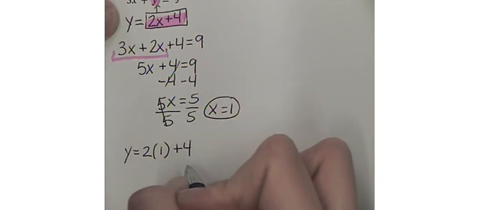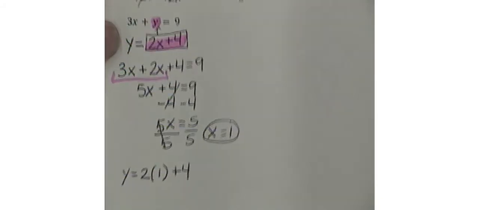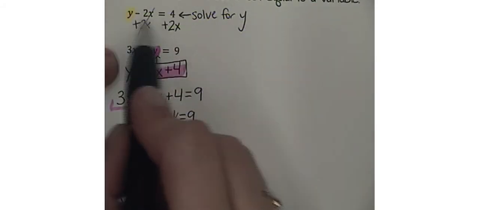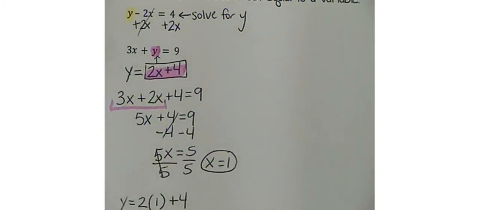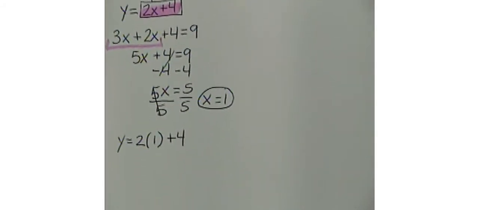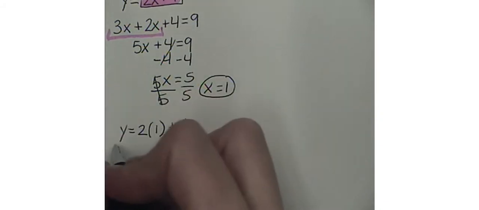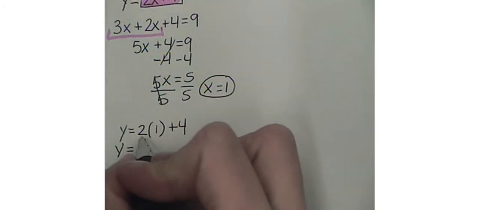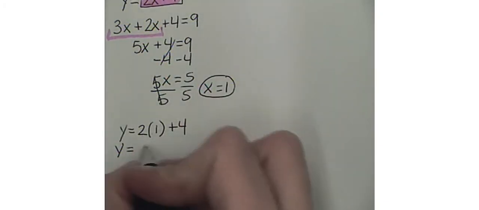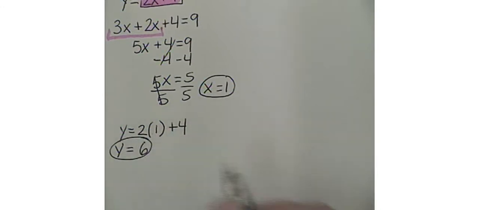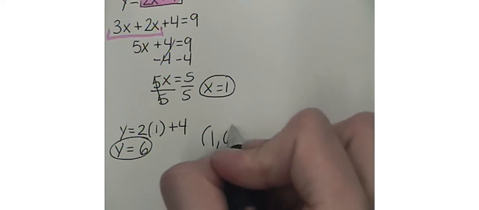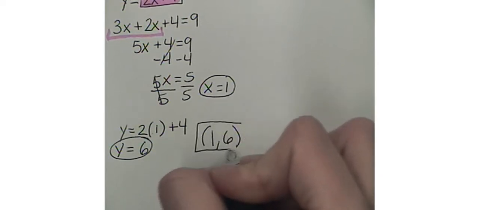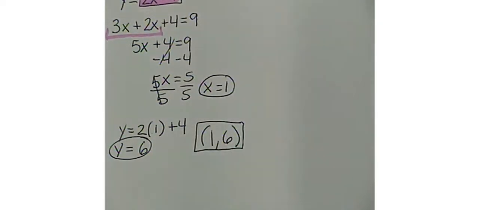Now, if you chose to plug it into the original equation, the first one, or the second equation, it doesn't matter which one you choose, we're all going to get the same exact answer, as long as we do our math correctly. 2 times 1 is 2, plus 4 is 6. So then we're going to write it as an ordered pair, x, y. So 1, 6 is our answer here.